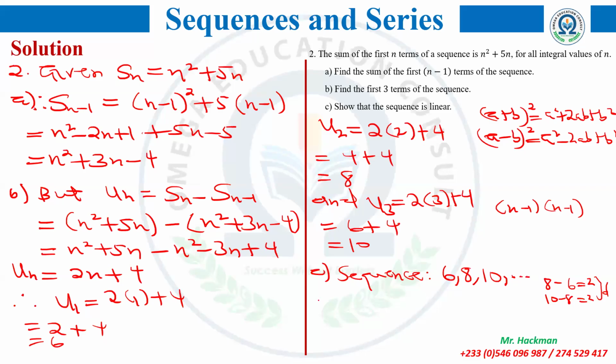So in this case, you know the conclusion. You draw the same conclusion as the other one. Therefore, the sequence is linear, as required.